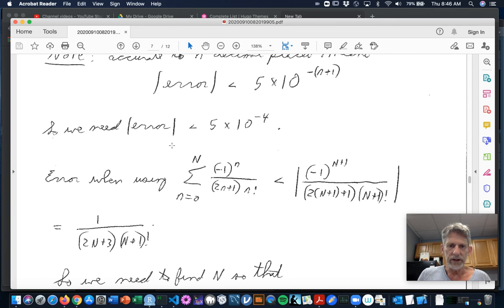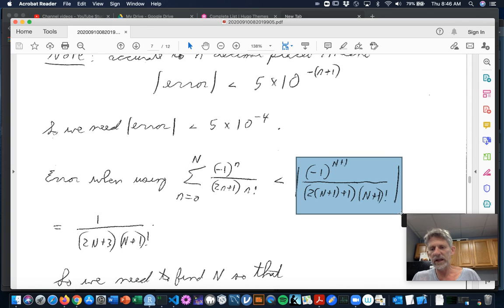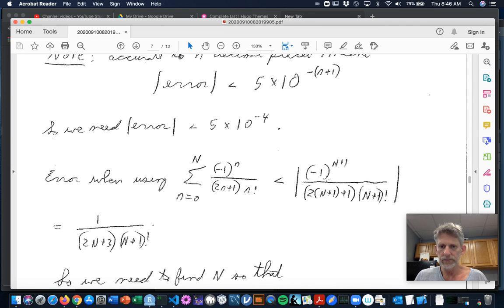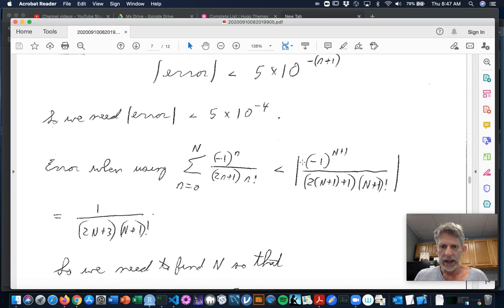Now, we know that the error in using the capital Nth partial sum is going to be less in size than the capital N plus 1 term, which I've written out here, putting a capital N plus 1 instead of a little n. And the absolute value of this is going to be a 1 over, and here we have a 2n plus 2 plus 1, which is 2n plus 3, and here we have an n plus 1 factorial.